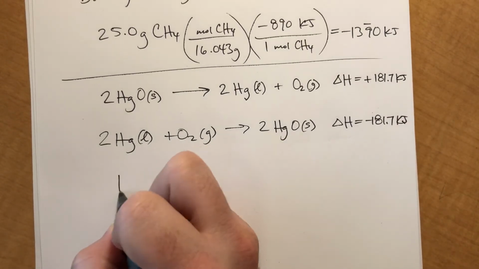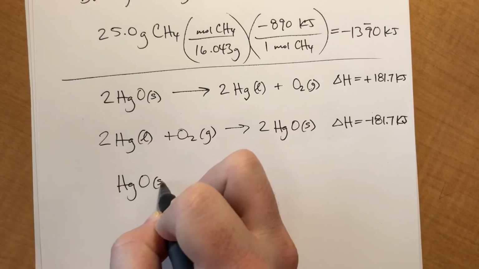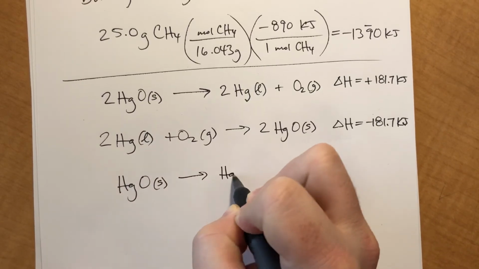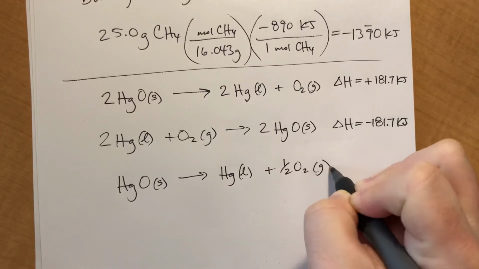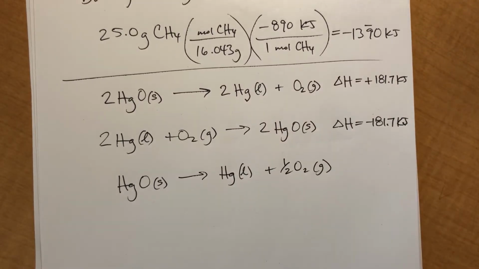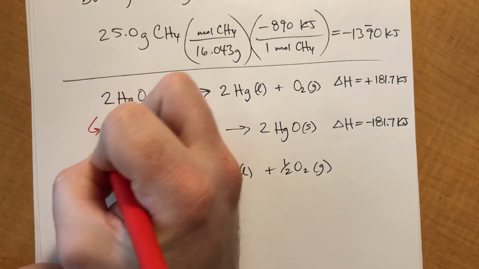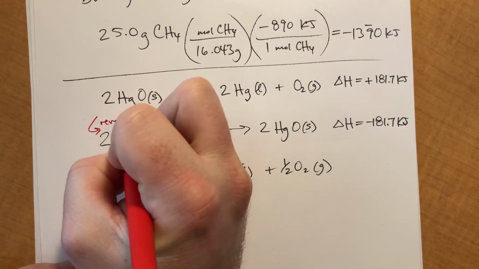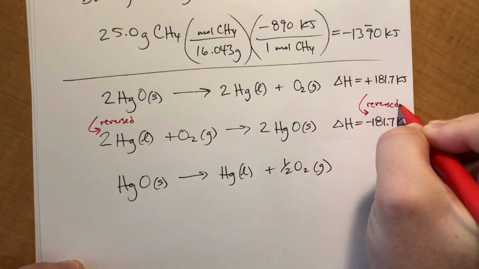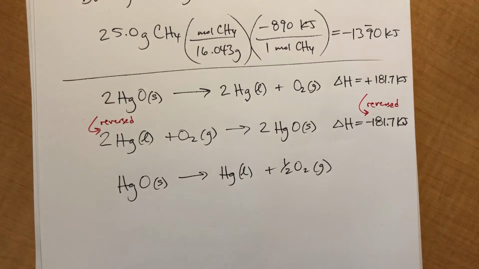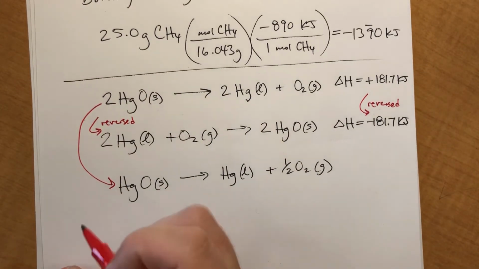Similarly, we could also have this reaction. Okay. So, I guess I could label a few things here. So this was reversed, and this was reversed. Okay. This one, everything was halved, or divided by 2.